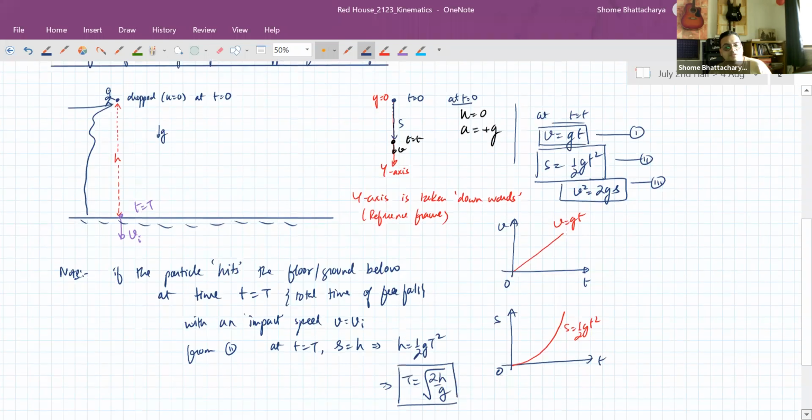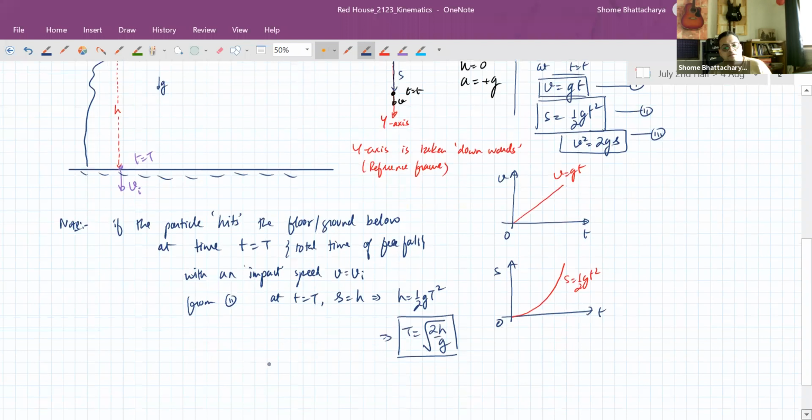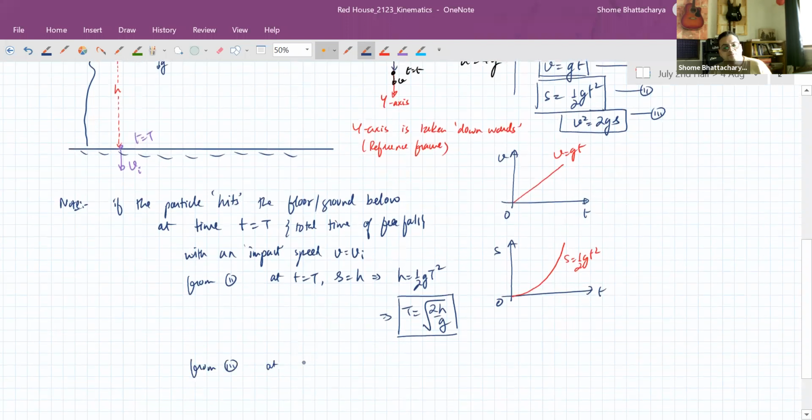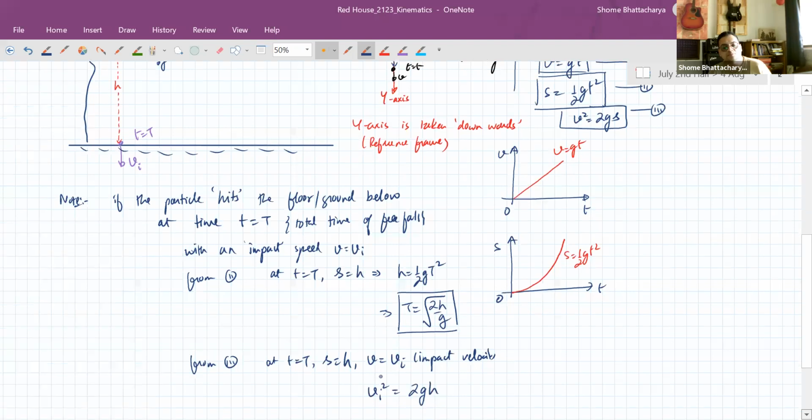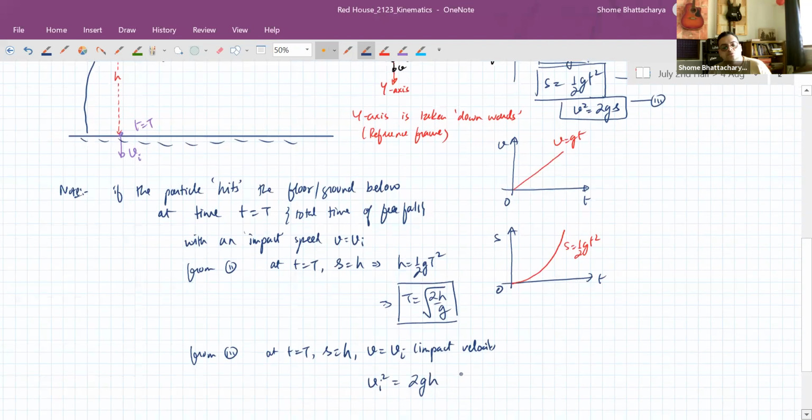And from equation 3, you can see that at t equal to capital T, when the displacement is equal to h, the velocity is the impact velocity to the ground. So use the third equation, v square is equal to u square, that is 0, plus 2as, so that is 2gh. So from this we get the formula for the impact speed, root 2gh.